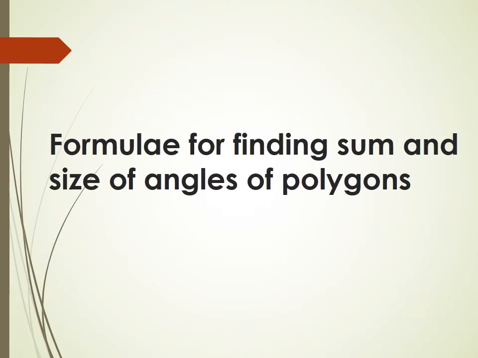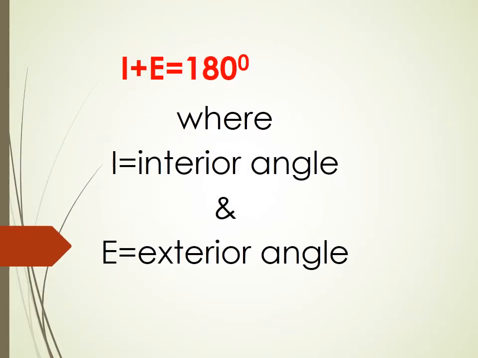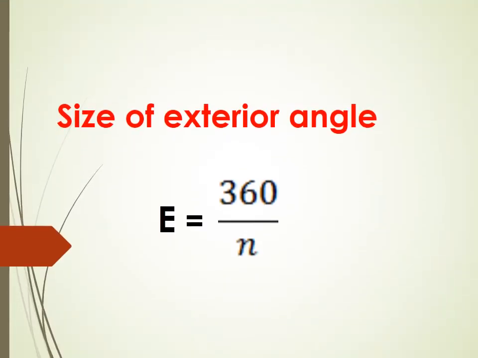Then we can go to the different formulae for finding the sizes of angles of polygons. The first one is I plus E is 180 degrees, where I is the interior angle and E is the exterior angle. Next we have a formula for finding the size of the exterior angle.